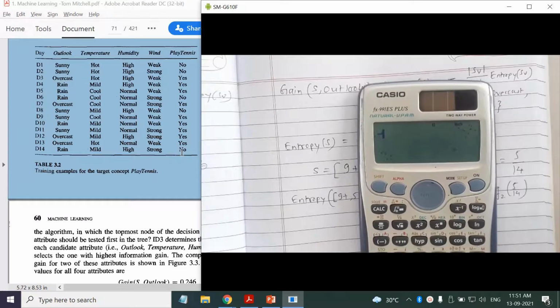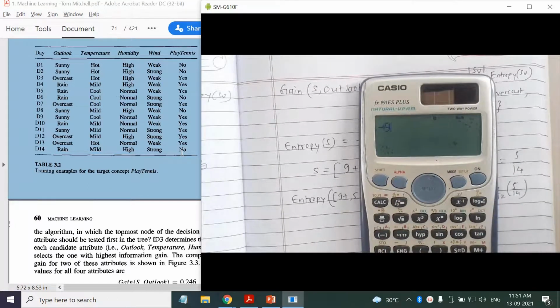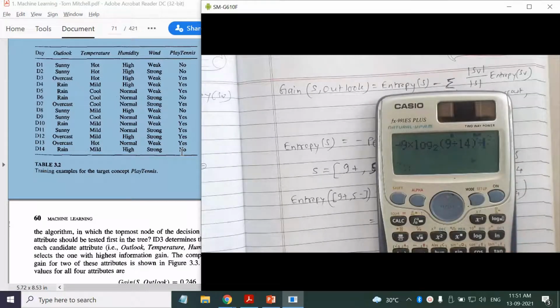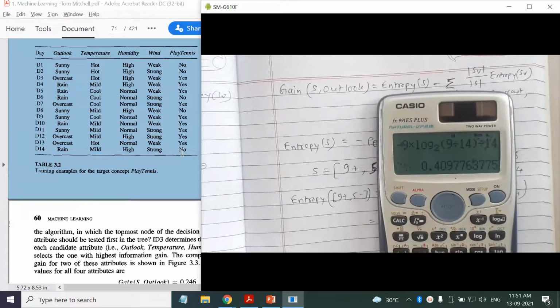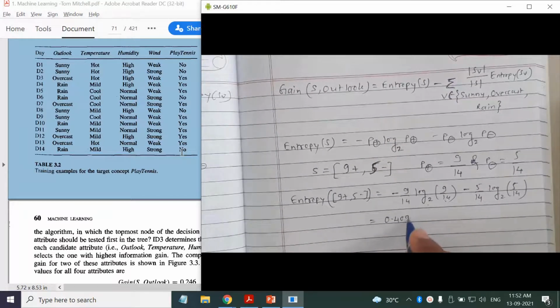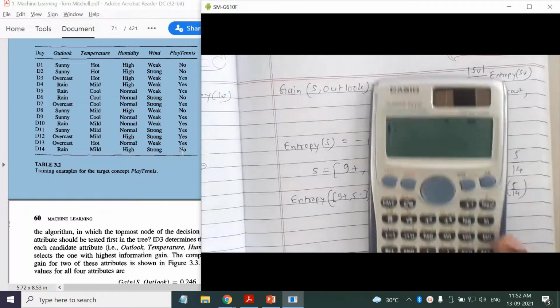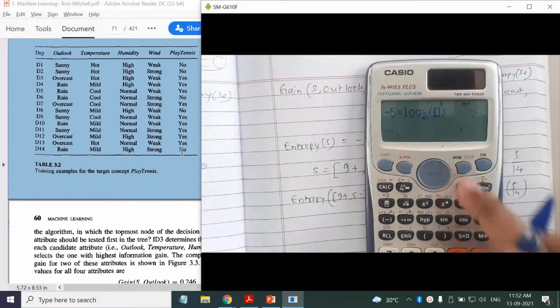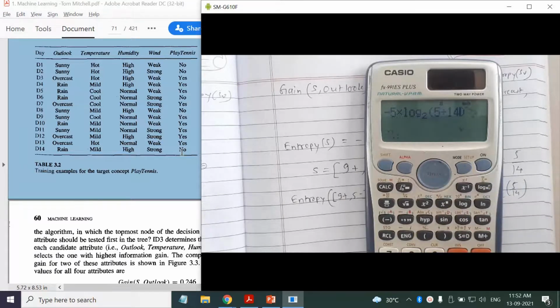So minus 9 into log base 2 of 9 divided by 14, with the division by 14 outside the bracket. The value is 0.4098. Similarly the other part, minus 5 into log base 2 of 5 divided by 14, and outside everything divided by 14.